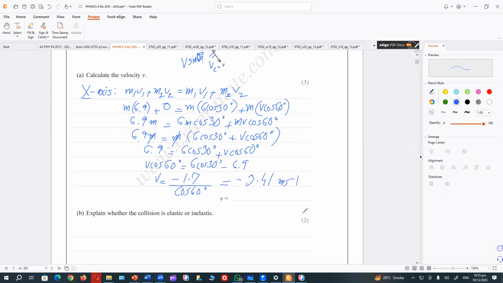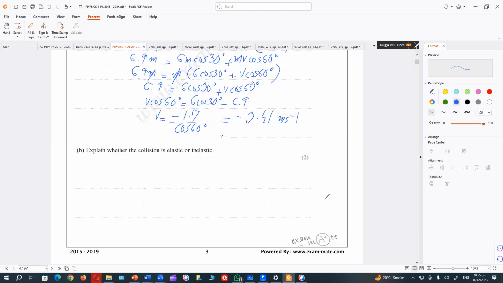How do we verify that the collision is elastic or inelastic? I told you the first method is that total kinetic energy before collision is equal to total kinetic energy after collision. As we have to show working, I write here total EK.